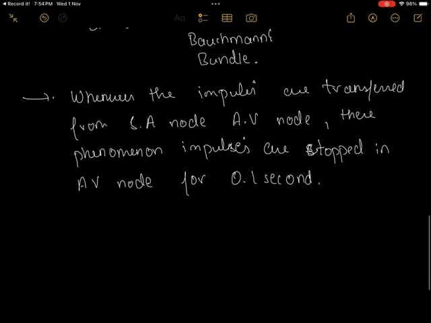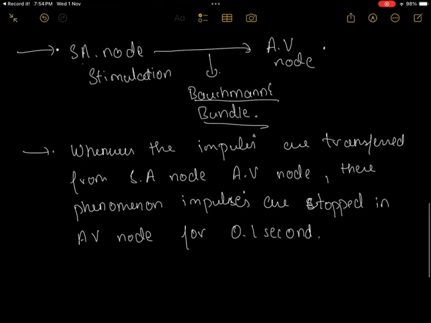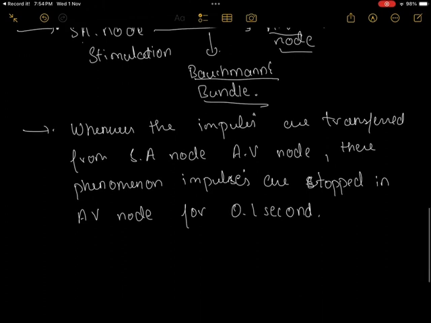Let me explain this phenomenon. Whenever there is a generation of impulses from the SA node, it gets transferred to the AV node with the help of Bachmann's bundle. Whenever the impulses reach the AV node, there will be a delay in transmission of impulses from the AV node to the ventricles, in order to contract the ventricles.